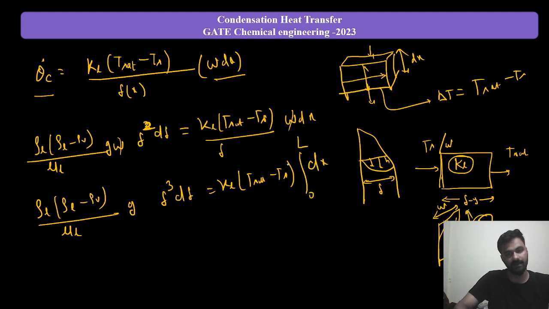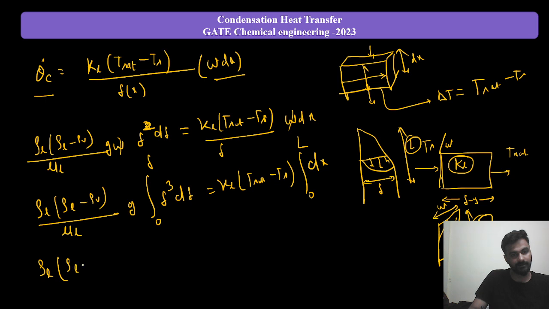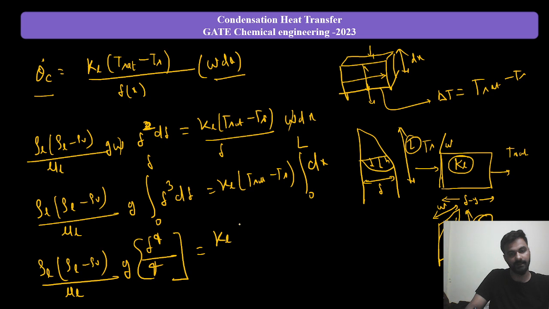So it will be 0 to L, because the whole plate length here you can see is L, and 0 to delta I am assuming, right? So can I write here rho L minus rho V by mu L into G, that is delta 4 by 4, equal to KL into T saturation minus Ts, and that is equal to L, right? Or at a particular location if you want to assume.